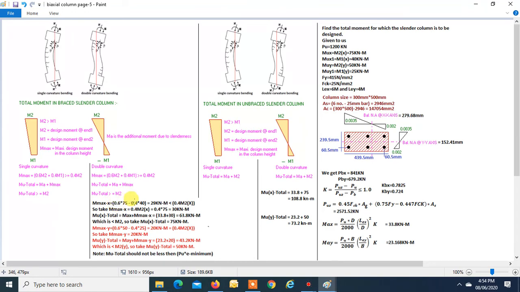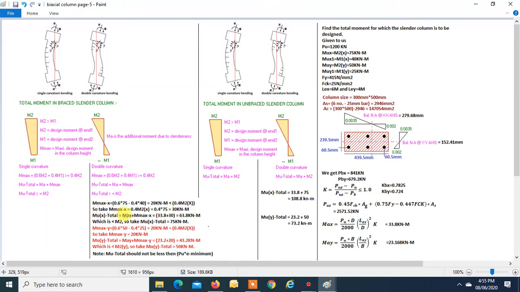So this is what I have kept over here. It turns out to be 29. Now this value should be greater than 0.4 M2. 0.4 M2 turns out to be 30 kilonewton meter. This is less than that, so we have to take Mmax x as 30 kilonewton meter.